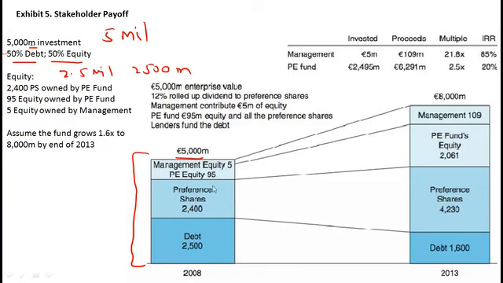Okay, now let's say that from 2008 to 2013, this fund grows by 1.6 times. So from 5,000 we go up to 8,000 in these years. That's the growth that happens.